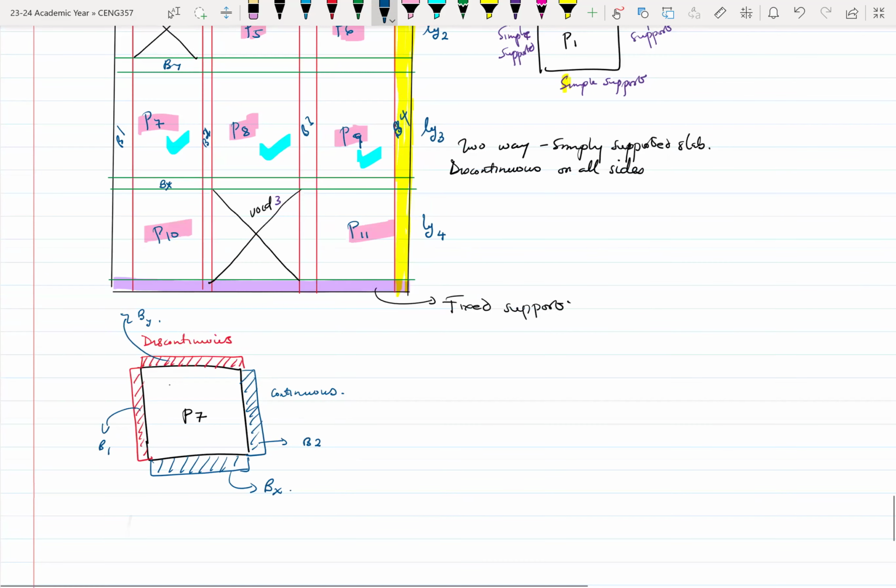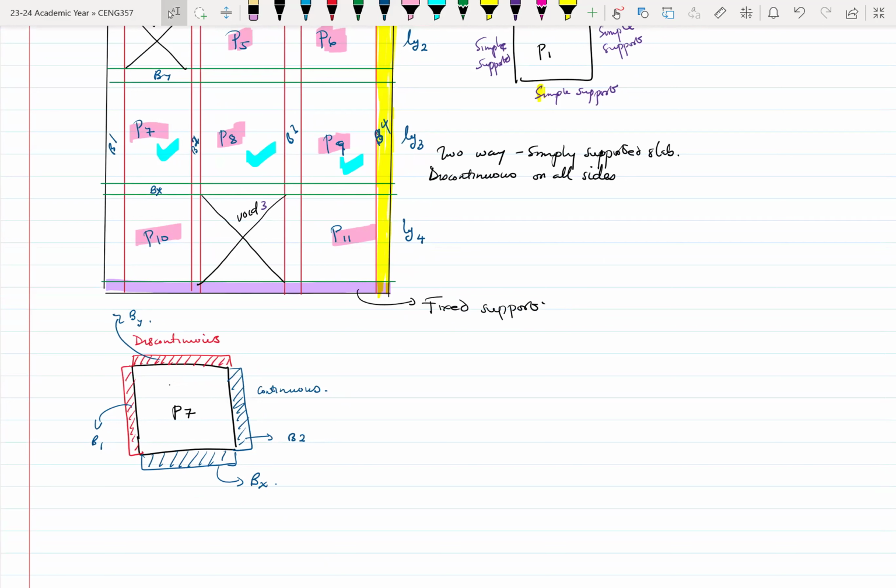Okay. So a typical slab of this nature, I think I forgot to mention, but usually these are what you call the edges. All right. So these are the edges of a slab, or of a slab panel.